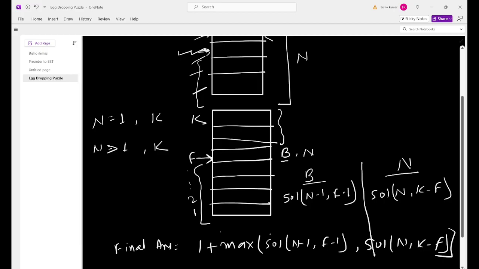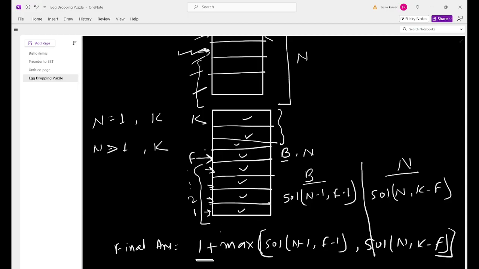Okay, and these steps you need to do for every floor. If we have f is equal to here, here, here. So you need to traverse for all these floors and find the minimum answer.